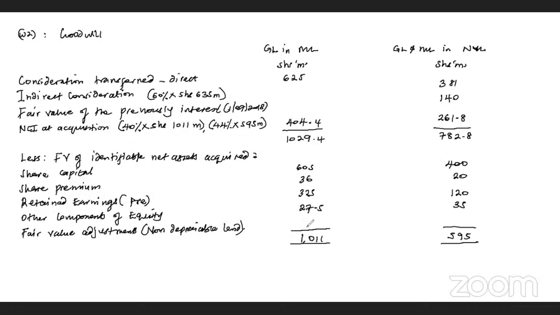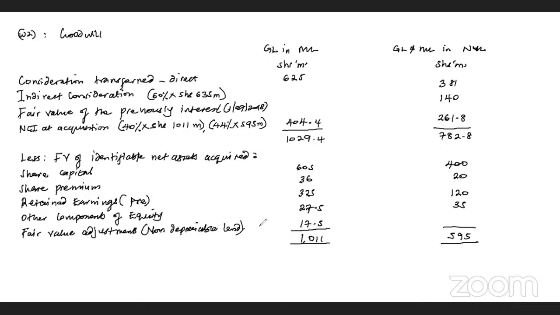And here your balancing figure is 17.5. That is the excess, because when you add all these other figures, they don't give you this. So there is a balancing figure, which is 17.5. And that will be the fair value adjustment in the net assets of ML.